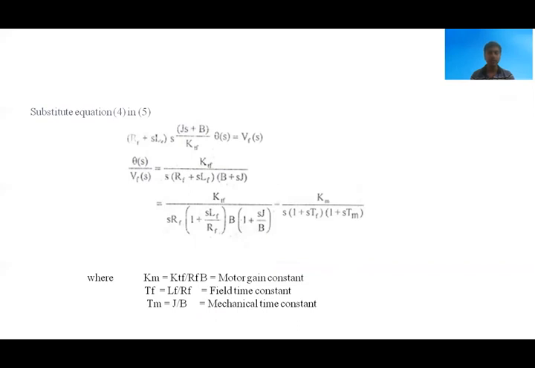Therefore, theta of s by Vf of s is equal to Ktf by s into (Rf plus s Lf) into (B plus s J).